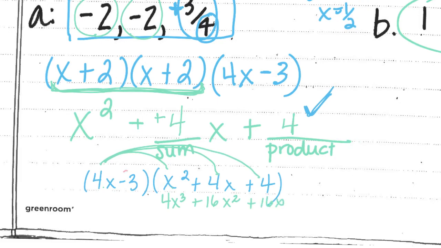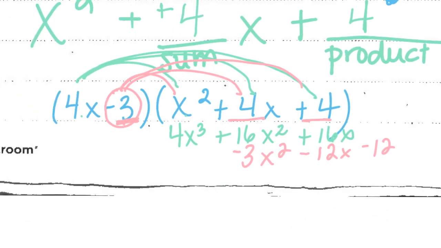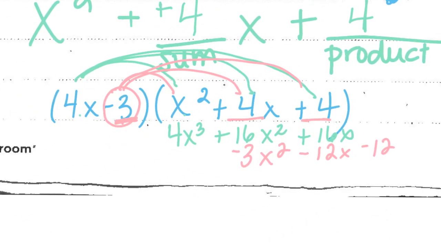All right, now I'm going to distribute this -3 through. -3 times x squared is -3x squared. -3 times +4x is -12x. And -3 times 4 is -12. So when I add these all down, I'm a visual person, so I like to just add down.